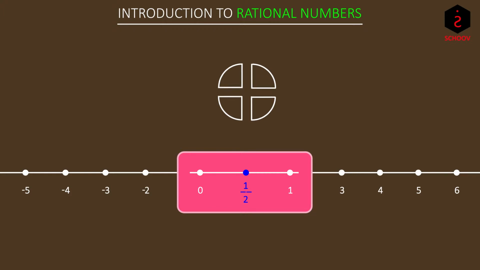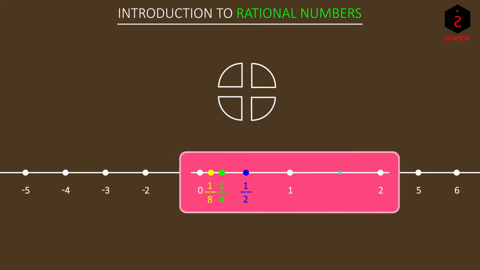Again, divide the semicircle. So between 0 and 1 by 2, you get half of half. That is 1 by 4. Divide again, you get 1 by 8, and so on. Similarly, you will get 3 by 2 between 1 and 2. So between integers, we get fractions.